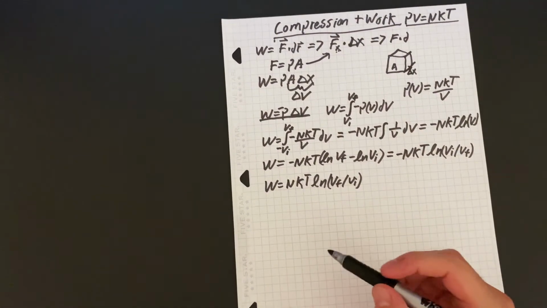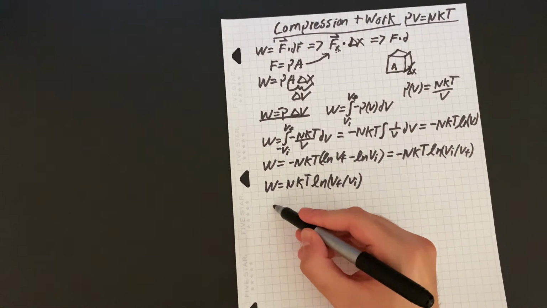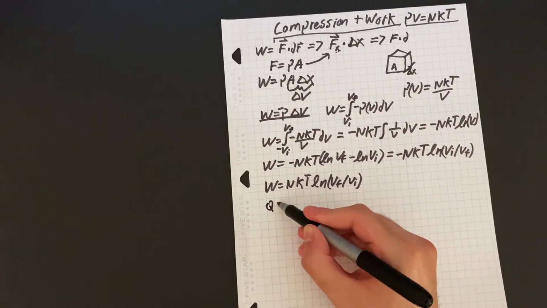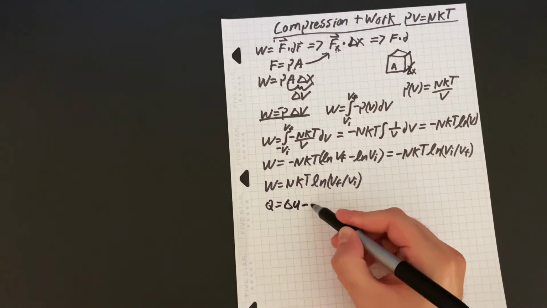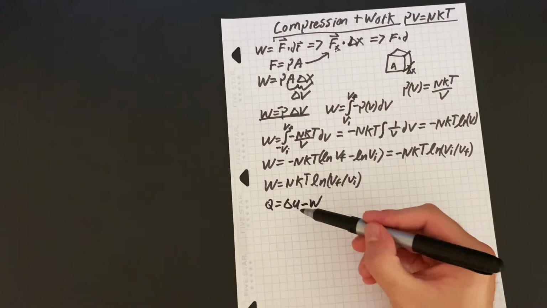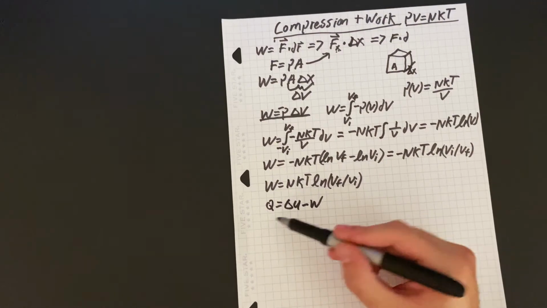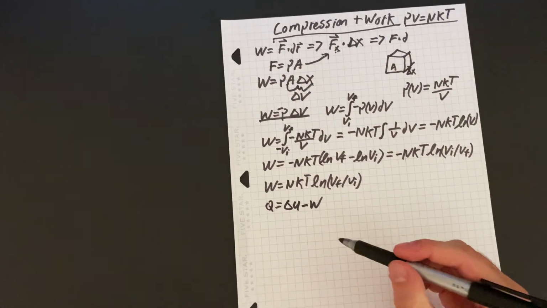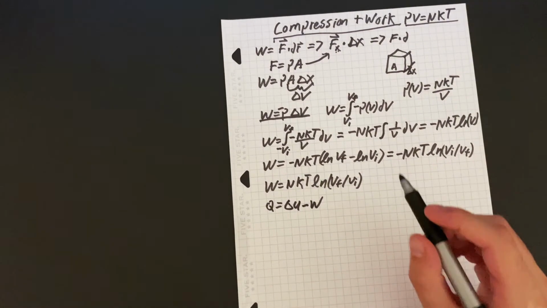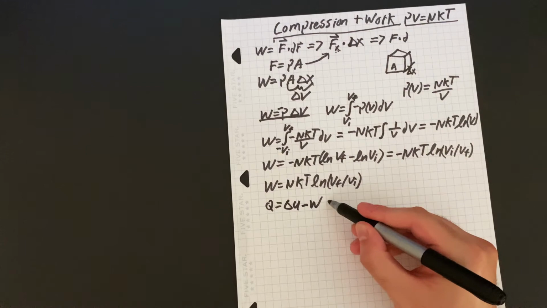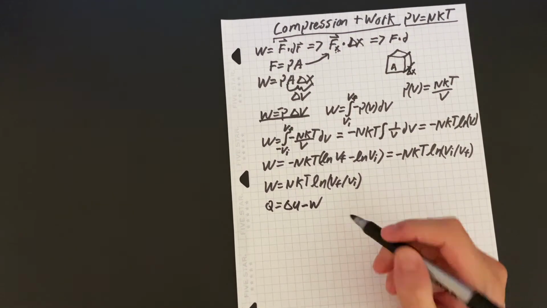And so what we can do is use the first law of thermodynamics. Q equals delta U minus W. So the total energy, the change in energy of a system, is the work plus the heat. I just rearranged it a little bit here. But now what we're going to say is that delta U is going to be 0.